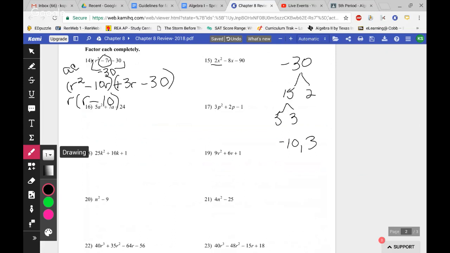All right, what can I take out here? 3. And that would leave me with r minus 10, right? Yeah. Okay, so my factors are going to be, because I have r minus 10, I can factor that out, right? And what's left? r plus 3. So now it's factored.